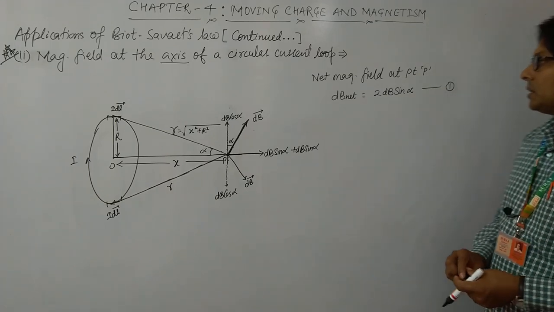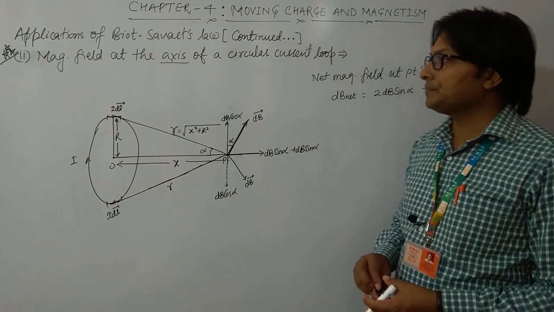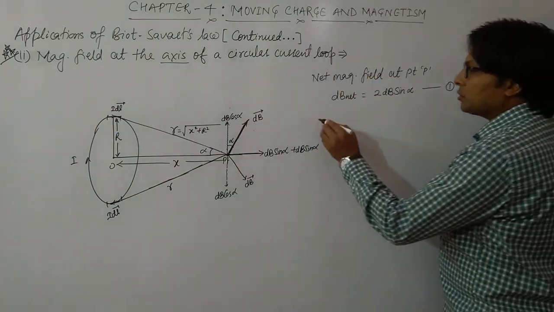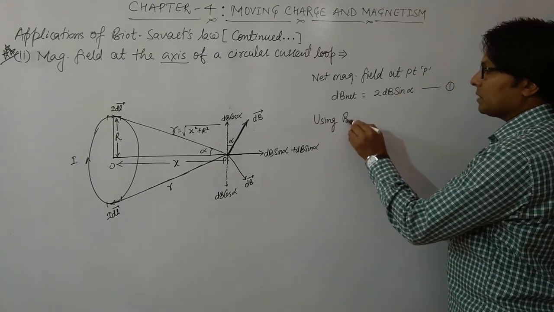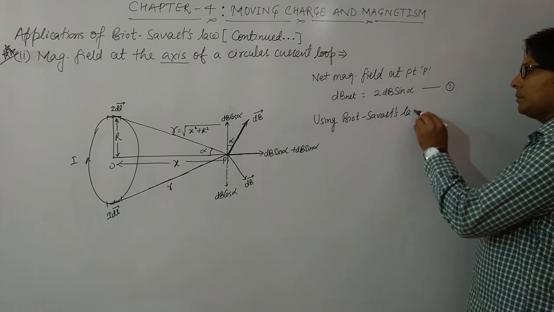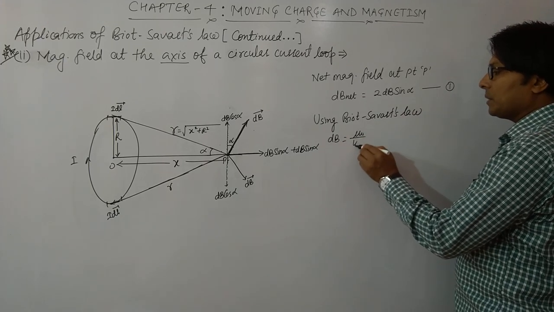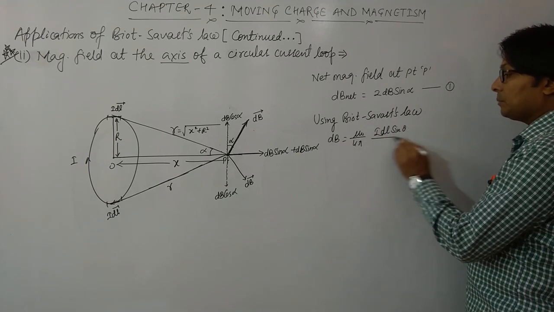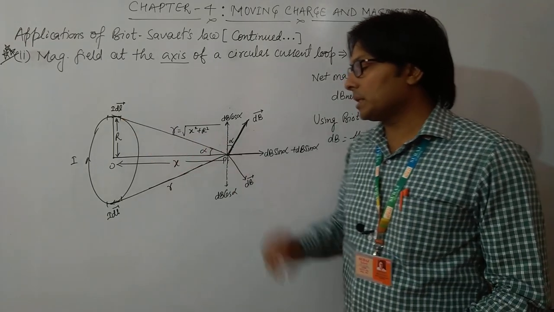Okay, now what is dB in fact? dB is the magnitude of magnetic field due to this current element, or maybe due to this current element. So using Biot-Savart's law, we can write down the magnitude of dB. dB is equal to mu 0 upon 4 pi I dl sin theta upon r square, that is distance square. The distance is r, we have already assumed it.